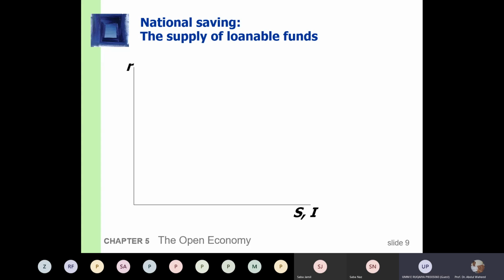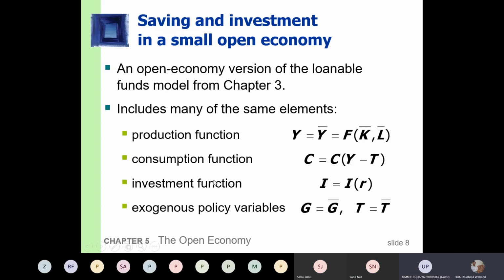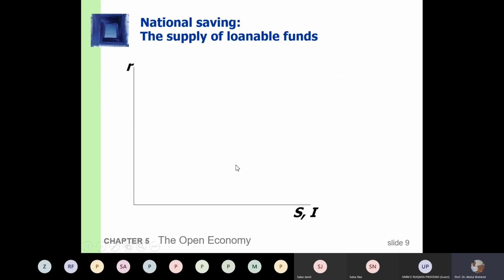Saving. So would the saving graph be positively sloped, negatively sloped, a vertical line, or a horizontal line in this case? Vertical. Yes, it will be vertical. Why will it be vertical? Because saving is a function of disposable income.